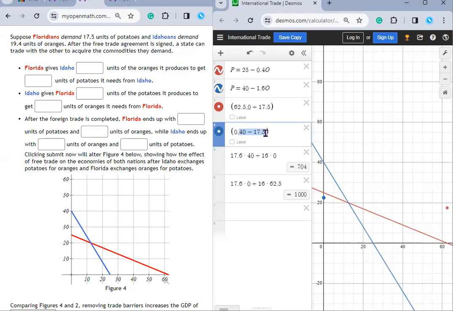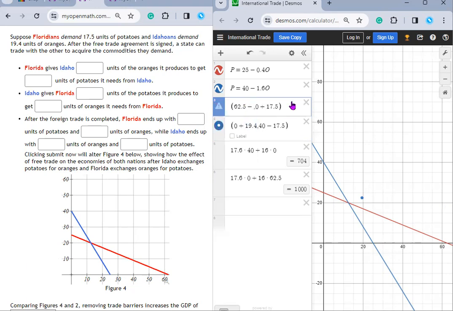Idaho's going to give up the 17.5 potatoes. Now, why is Idaho going to give up 17.5 potatoes? Well, because Florida is going to give it what Idaho demands in terms of oranges, 19.4 oranges, right? And Idaho is going to get those 19.4 oranges from Florida, right? Because Florida has a superabundance in oranges.